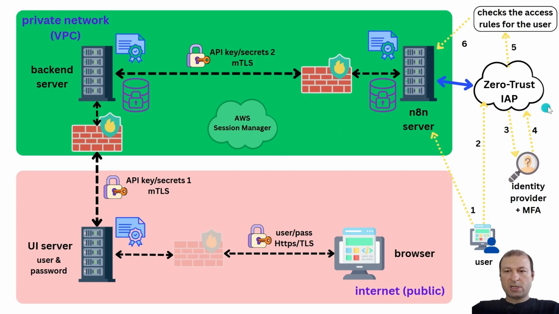And as an alternative to the third-party IAP zero trust providers, we have alternatives coming from the cloud providers themselves. For example, from Amazon, we have the AWS SSM Session Manager that provides the same functionality as well, but this is provided by the cloud provider. Also paid, so you have to check that out.